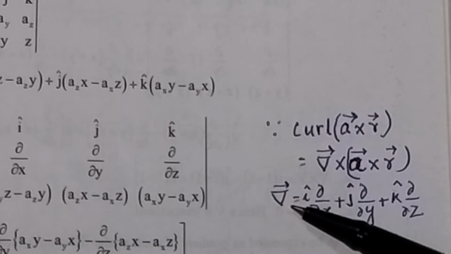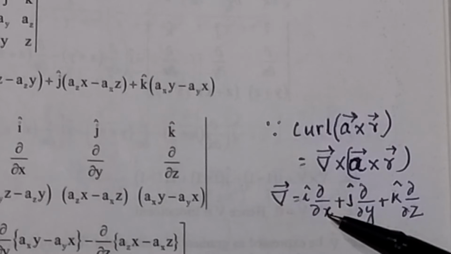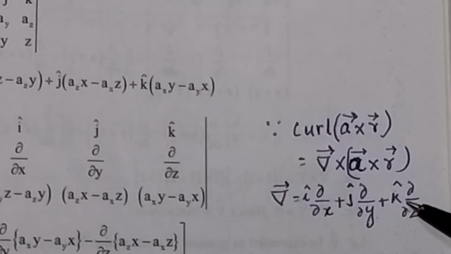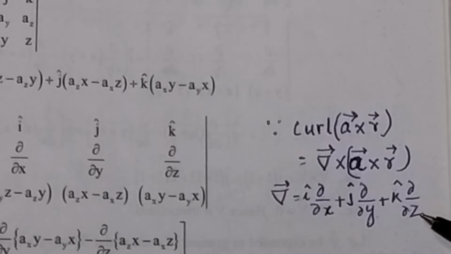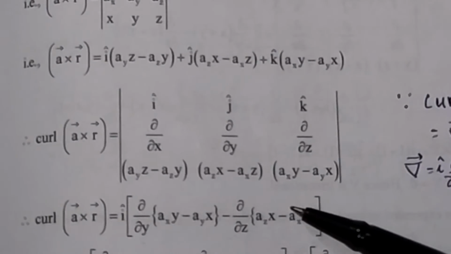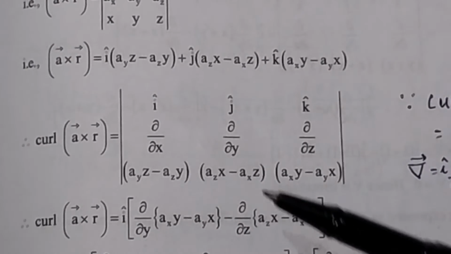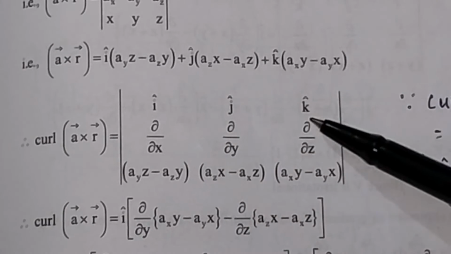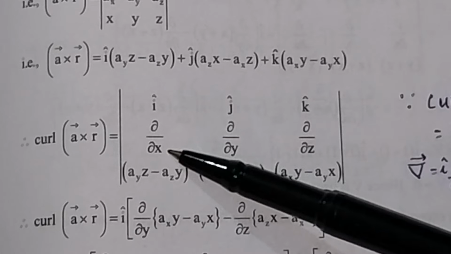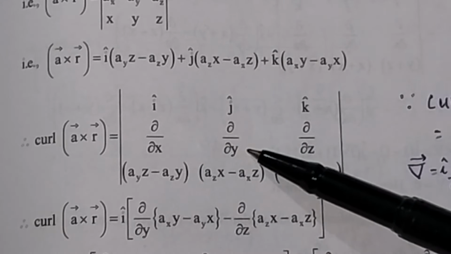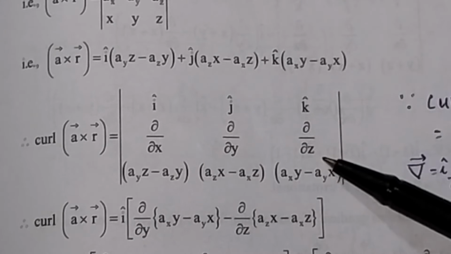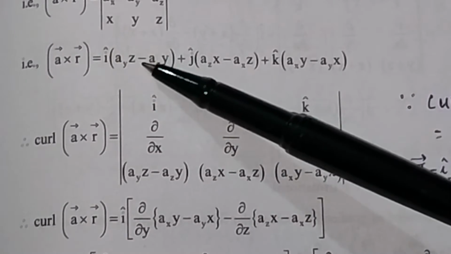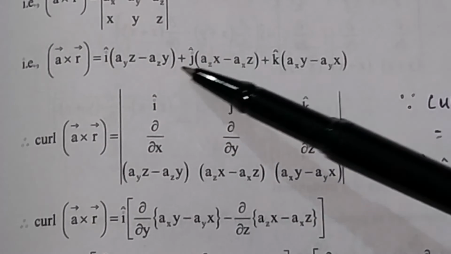And we know the del operator is i cap partial derivative with respect to x plus j cap partial derivative with respect to y plus k cap partial derivative with respect to z. So the curl of A cross R will be equal to the determinant with i cap, j cap, k cap, partial derivative with respect to x, y, z. And for the A cross R vector, you have three components.